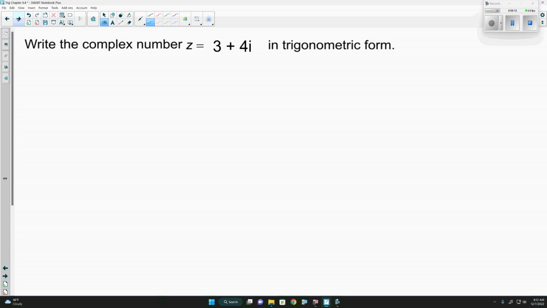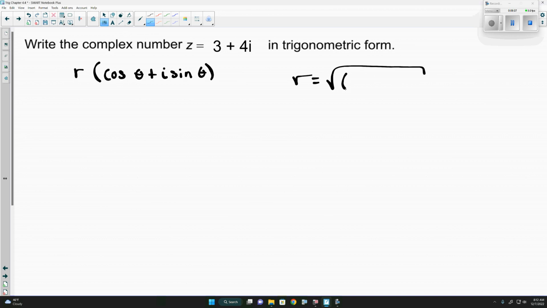All right, let's look at another one. We're going to write the complex number 3 plus 4i in trig form or in polar form. R is equal to the square root of a squared plus b squared.